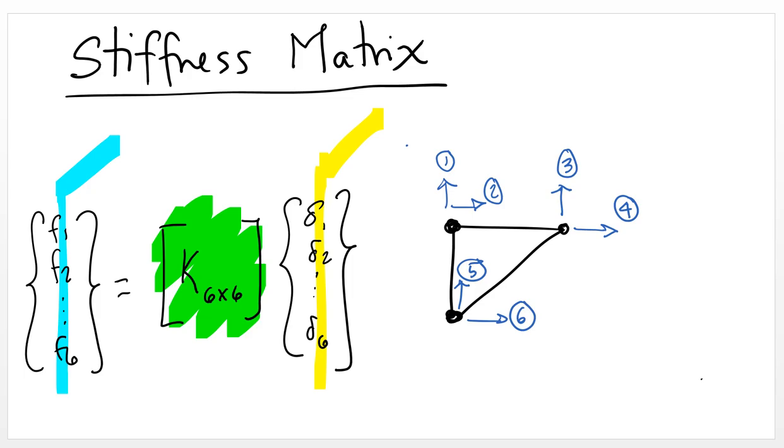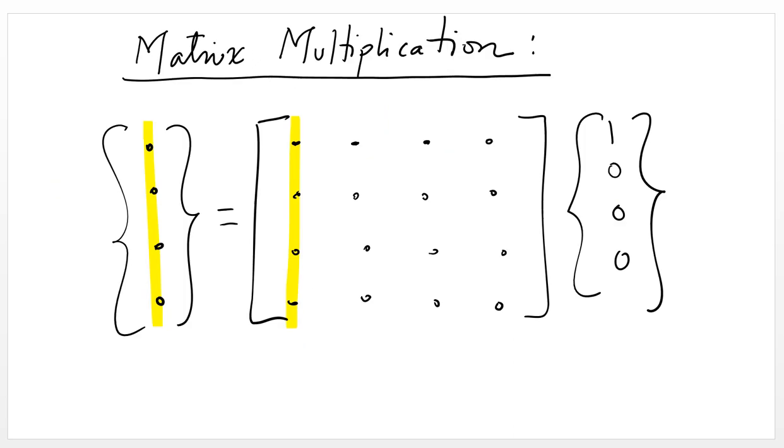Okay? Now, this is all fine, but there is one thing I haven't told you about yet, which is how do you get the stiffness matrix? Well, here I'm going to show you one procedure, which is not necessarily the most efficient one, but it's the one that we're going to explore first.